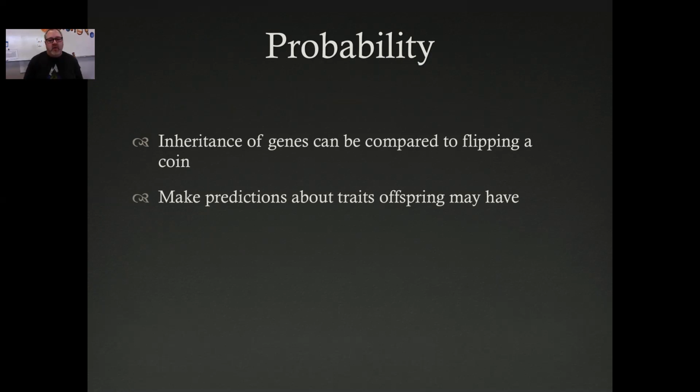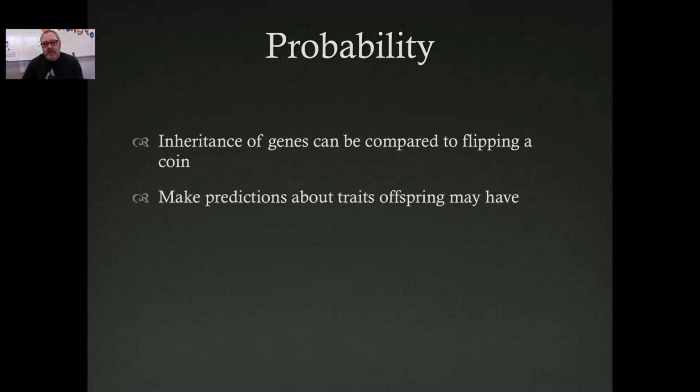Okay, so if I flip the coin, what are the chances it's going to be tails? 50-50. Okay, now when I flip it again, what are the chances of it tails? What are the chances? Yes, you're right, 50-50. And as it turns out, it is tails. Every single time you flip a coin, you have a 50-50 chance.